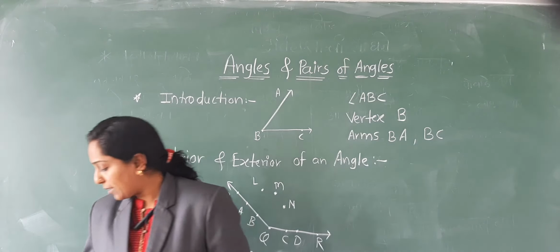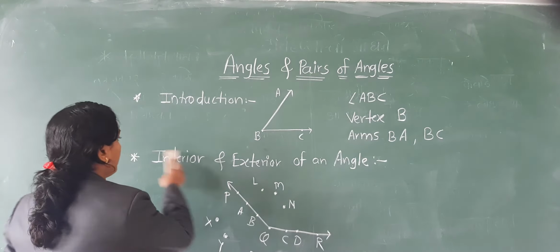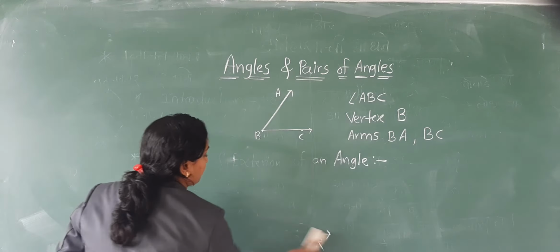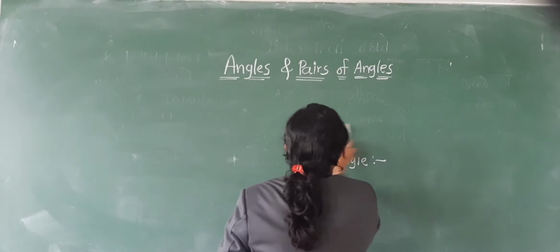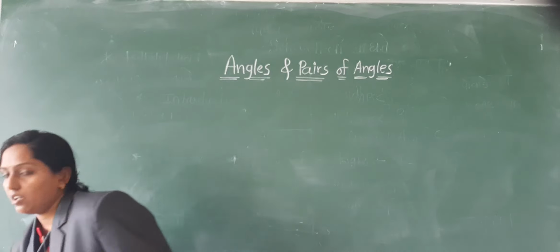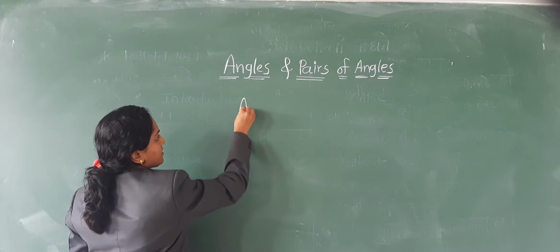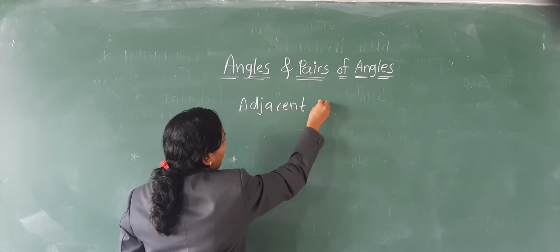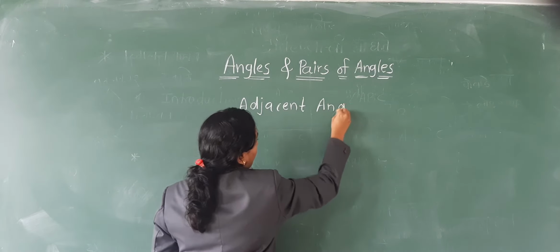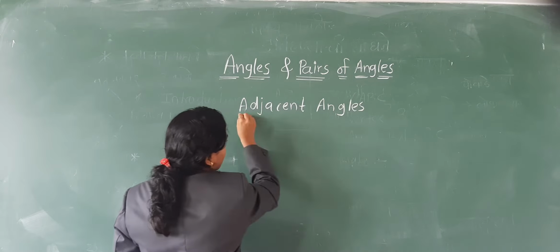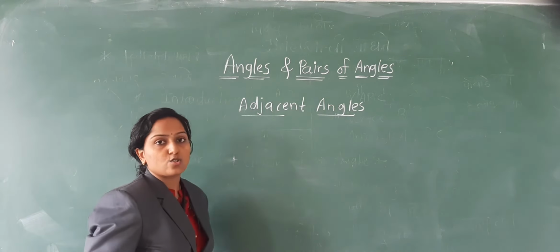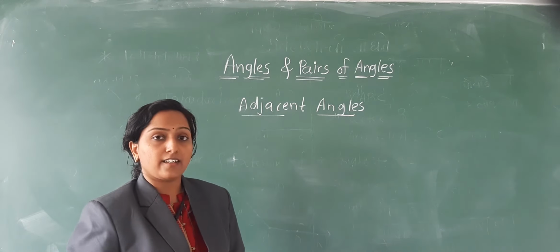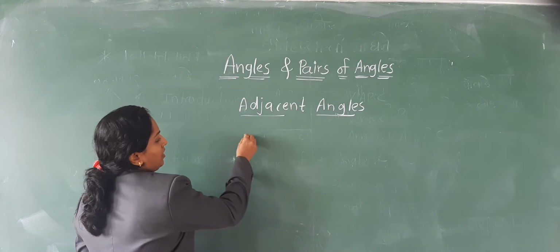Now we will see adjacent angles. The next concept is adjacent angles. So what is the definition of adjacent angles? For defining adjacent angles, there are three conditions.